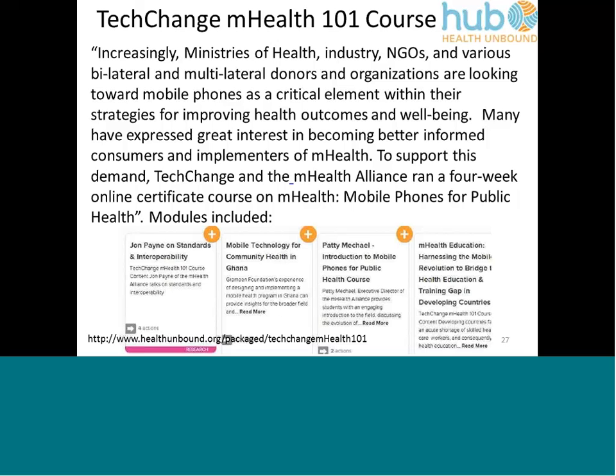Now, I think this is pretty embryonic. There really should be much more training available, I think, for people who can see the potential for mobile devices to be used. And so you may want to contact Hub, have a look at that and think about ways in which it could be adapted, or encourage Hub indeed to come up with something that AeHIN might be keen to see them testing out within your region.